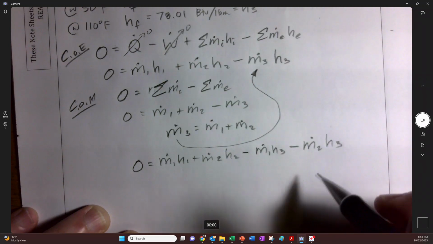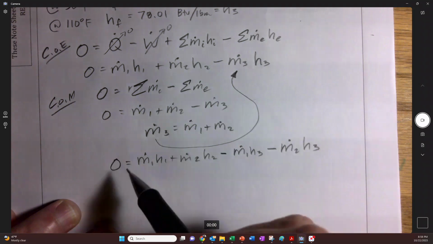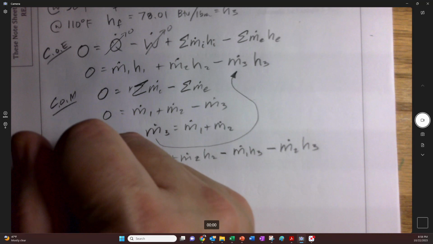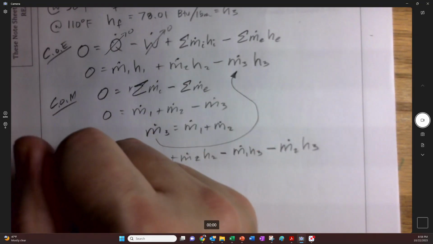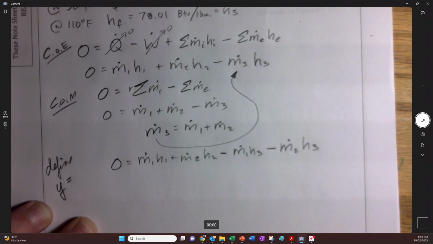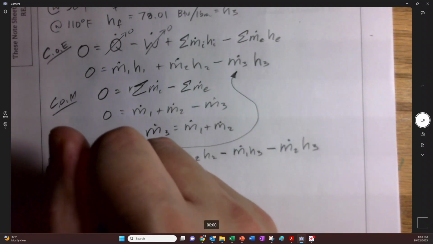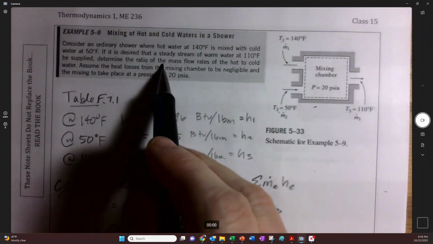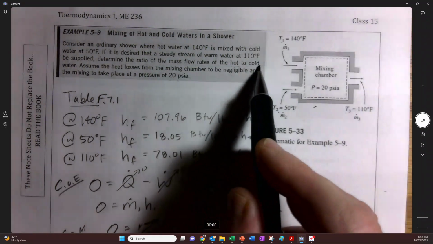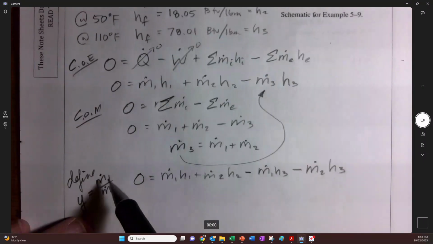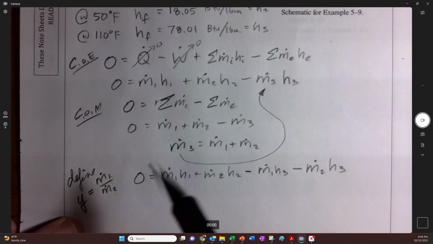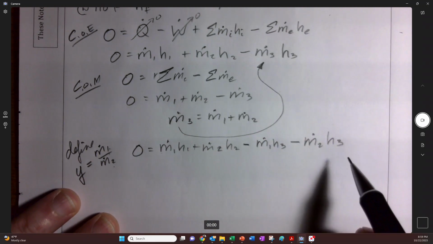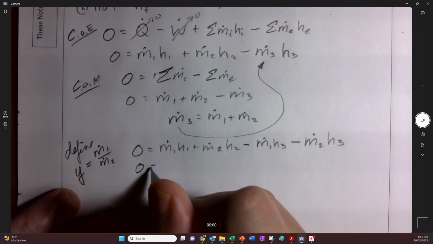We don't know the m dots, but we do know that we want to find the ratio. So let's define a ratio, which we call y, equal to m dot 1 over m dot 2, because it was asking for the ratio of mass flows of hot to cold. Hot is 1, cold is 2. So we can divide through by m dot 2.